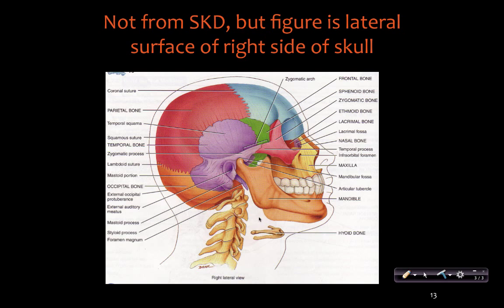This is not from the cycle book, but a picture of a lateral surface, now on the other side of the skull, showing us again the temporal bone here shown in purple. If I was to outline this, this portion there is the squamous portion. It just says here temporal squama, but that's what we can call the squamous.